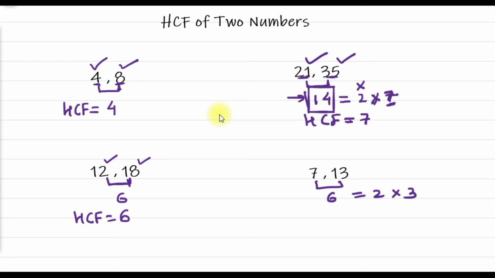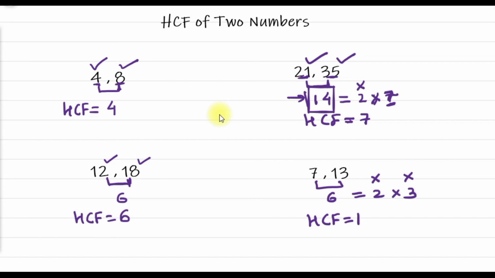Let's see whether the numbers are divisible by 2. Both the numbers are odd, so they are not divisible by 2. And both the numbers are also not divisible by 3. So in this case, even the factors are not the HCF for the given numbers 7 and 13. In such a situation, your HCF is going to be 1.